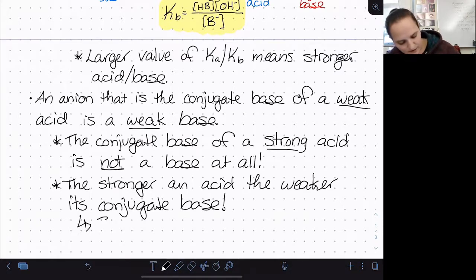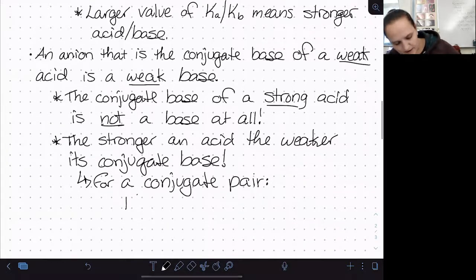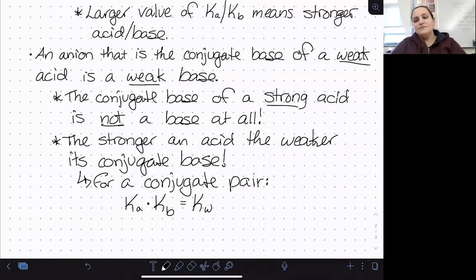So for a conjugate acid-base pair, the Ka for the acid times the Kb for the base is always constant at constant temperature, and is actually equal to Kw.